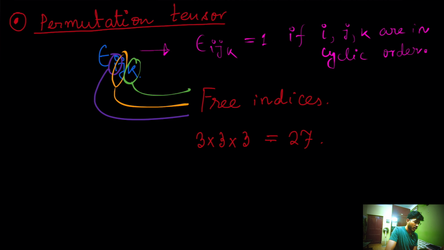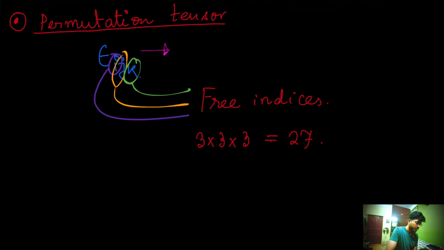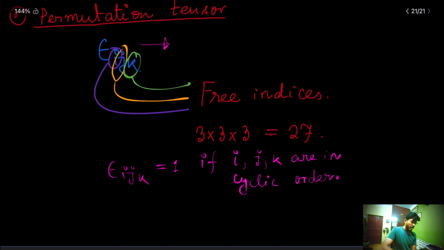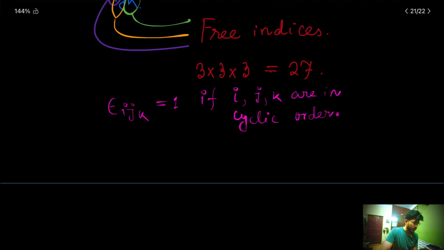Let me write it separately. So what do you mean by cyclic order? That is, if it is epsilon 1 2 3, 2 3 1, 3 1 2, if it is like that, then it will be 1.